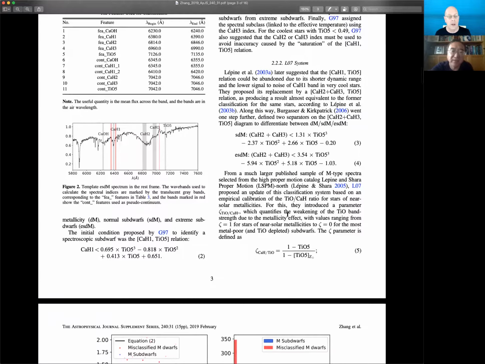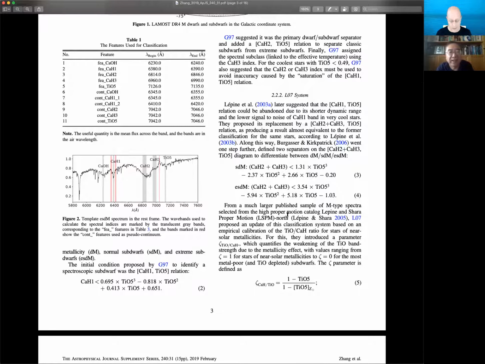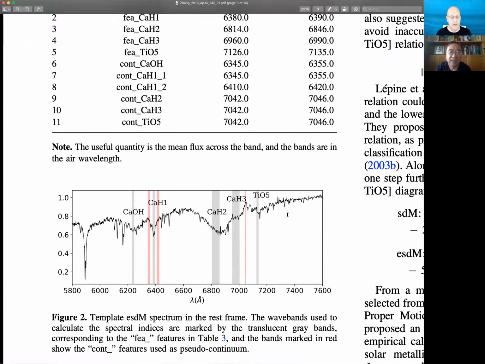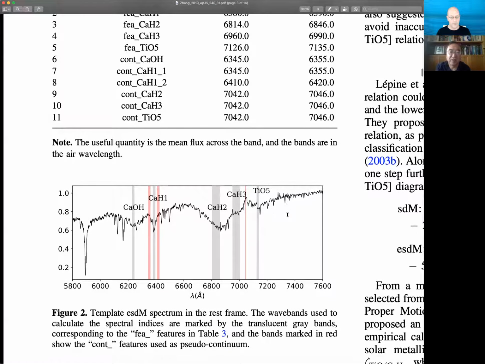Oh, please wait. Here is Figure 2. I will introduce something about Figure 2. Figure 2 is an example of M-subdwarfs. You can see the most important features are CaH1, CaH2, CaH3, and TiO5. For normal M-dwarfs, the TiO feature should be deeper.